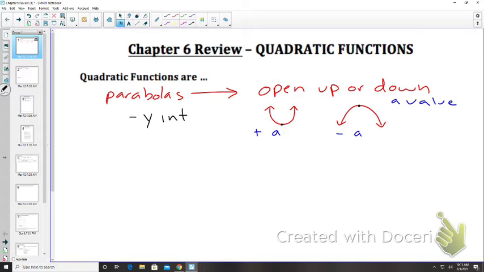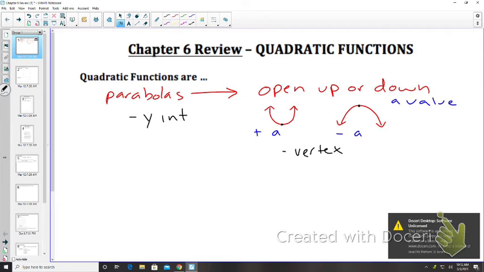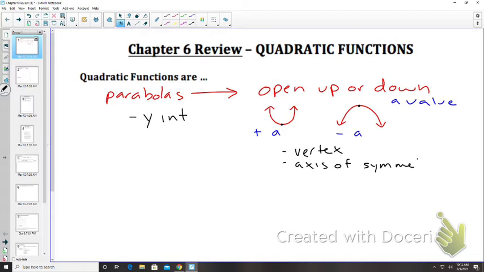For sure. What is this point I drew? It's the vertex. It has line symmetry. We call that the axis of symmetry. How do we find that axis of symmetry? Take both your x-intercepts and divide by 2. Perfect.